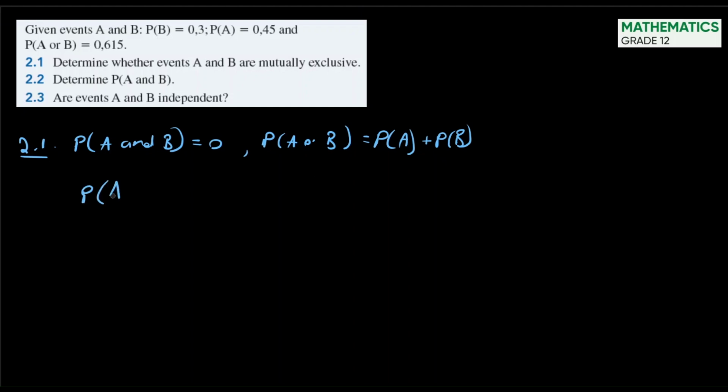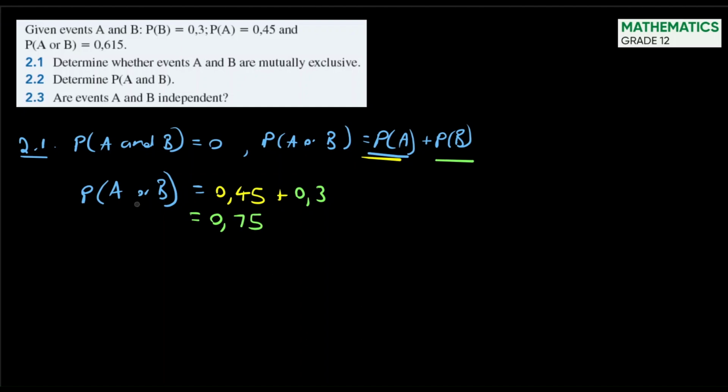The probability of A, given by 0.45, plus the probability of B, given by 0.3, gives us a sum total of 0.75.